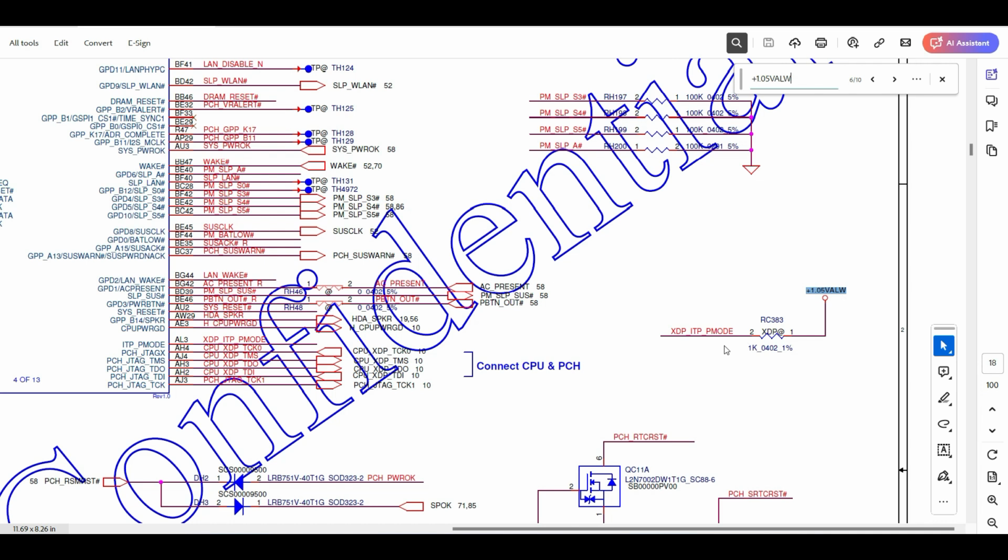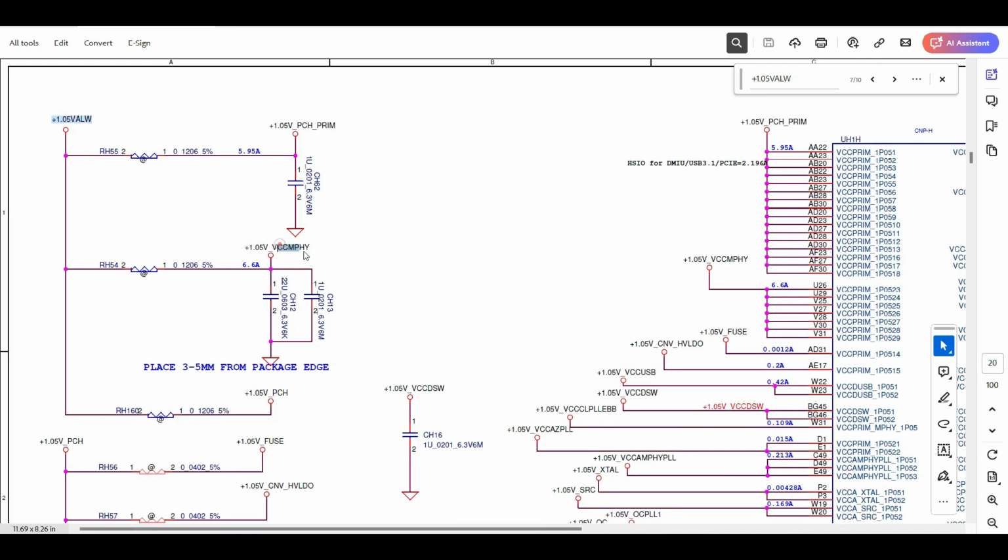See, this is pull up for this signal. Here the PHY related voltage is converting here directly. See here 1.0 PCH.